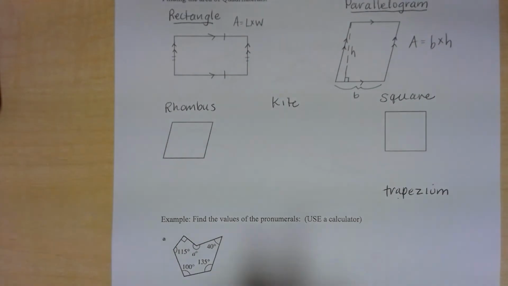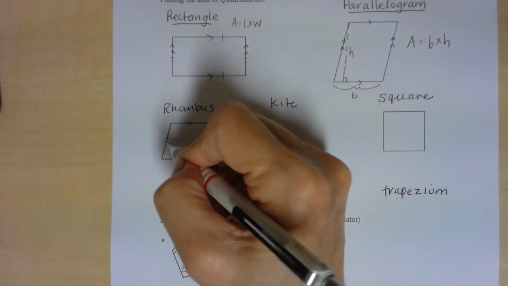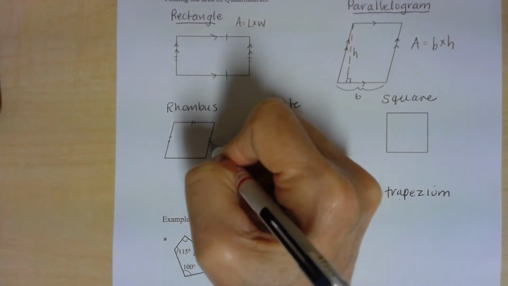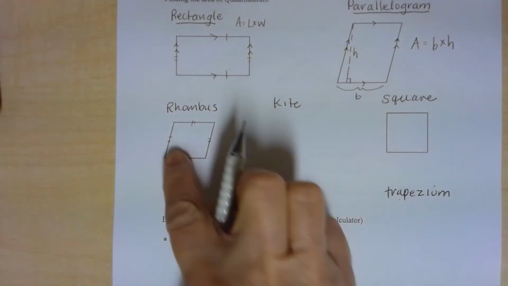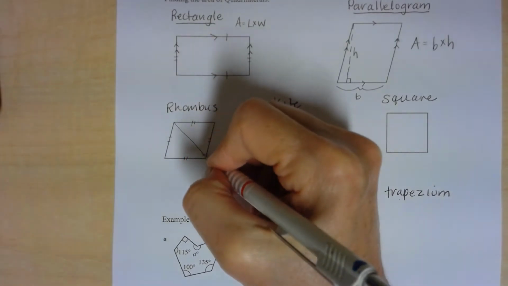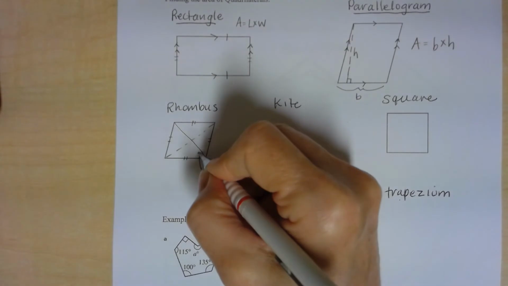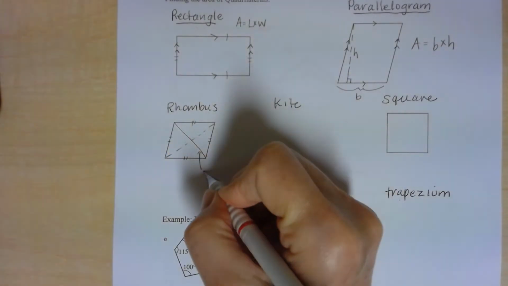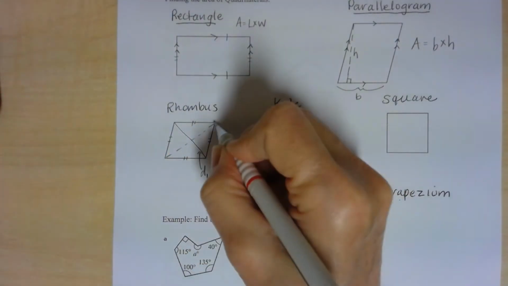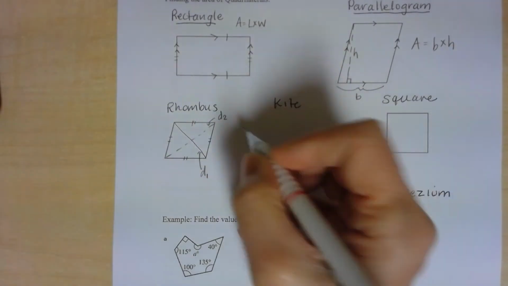A rhombus is a parallelogram that has equal sides. So it's like a square pushed over, but it's a parallelogram. I can use this formula for a rhombus, but it has its own unique formula where I can use these diagonals, diagonal meaning from one corner to the next. I'll call this diagonal number 1, and this one diagonal number 2, and I'm talking about the length of those diagonals.